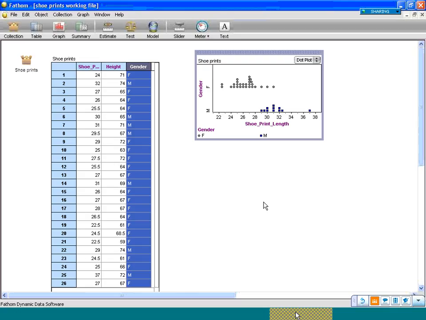So if you had to make a decision, would you suspect it was a male or a female? A male. Yeah, definitely male. Could it be a female? Yeah, well, possibly. I'm looking at the dot plot. We want to make sure when we're asking students these questions that they continue to think about the fact that these data come from a random sample of students.